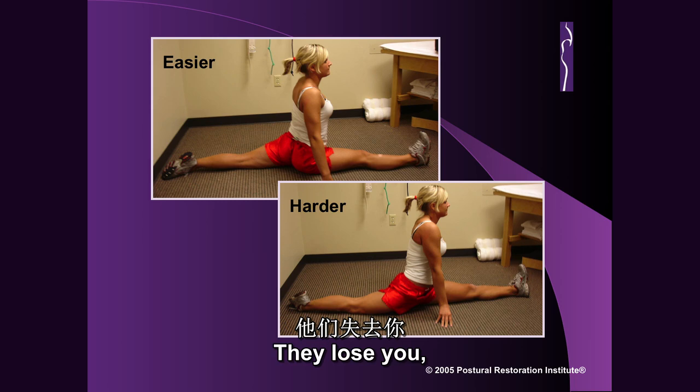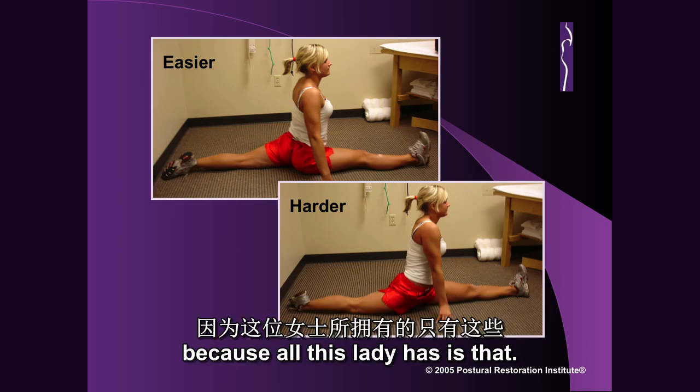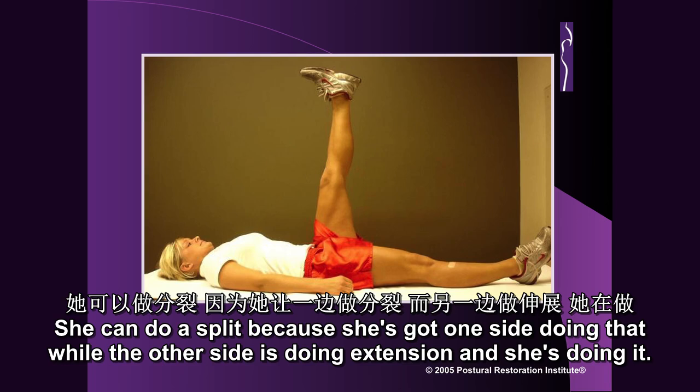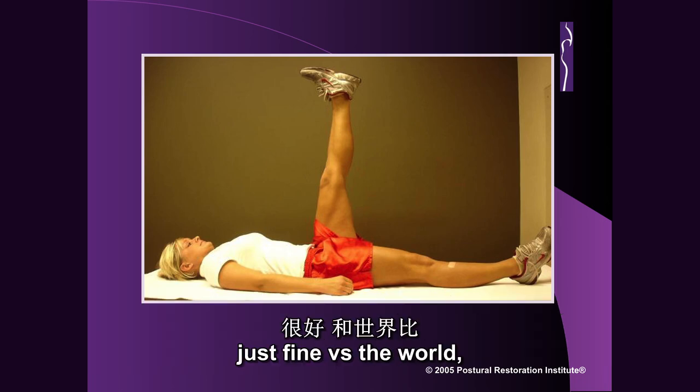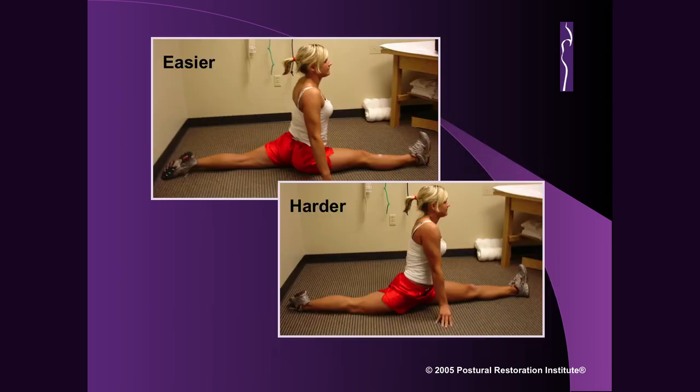Did I lose you? You don't need 130 degrees of this to do a split, because all this lady has is that. She can do a split because she's got one side doing that while the other side is doing extension, and she's doing it just fine. Versus the world that thinks you've got to do that to do this.